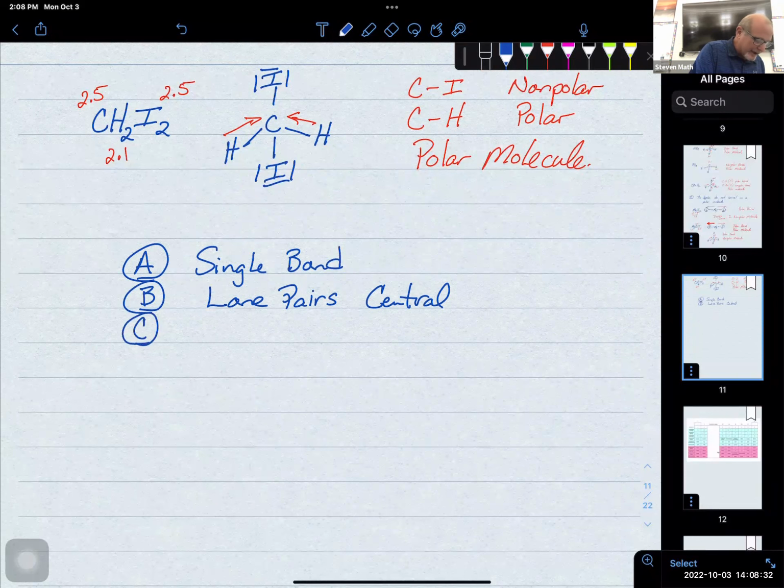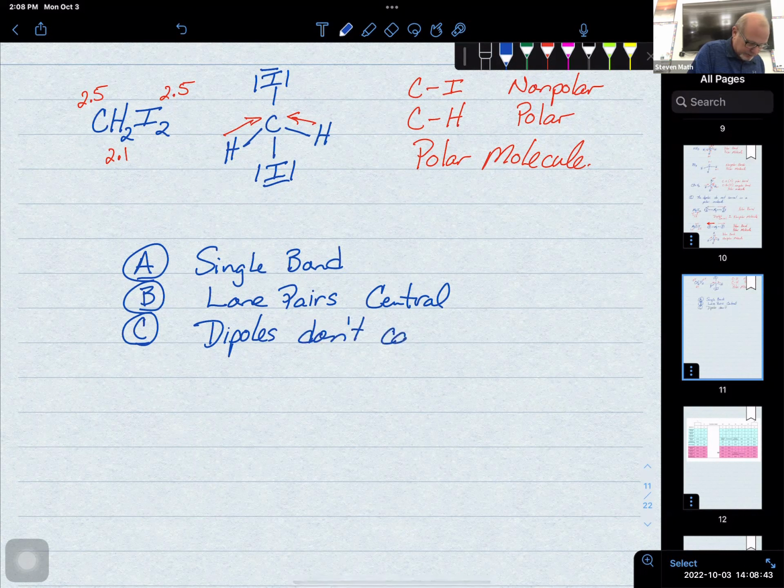And C, if my dipoles don't cancel, that's another way of saying a molecule's asymmetrical. That's going to lead me to a polar molecule. It's a relatively complex topic that if you break it down into those three scenarios, you won't go wrong. That covers every molecule that we'll ever look at in this Gen Chem class.